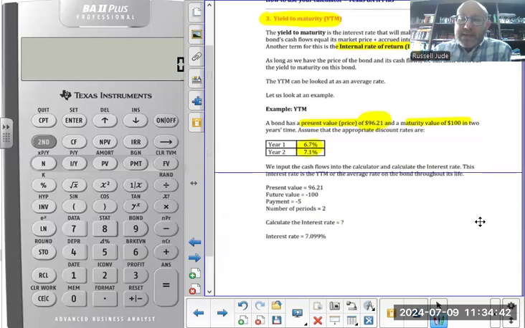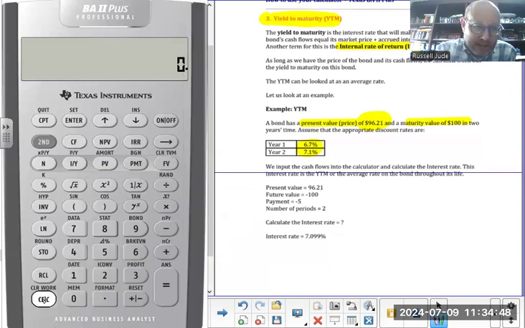Let's have a look over here, and this is just stock standard time value of money. Let's do it together. Let's clear my time value of money. Let's put in the present value first. So this bond we know has got a price of $96.21. Where did I get that from? Well, remember, I've done all the calculations before for the present values in example 1 and 2.